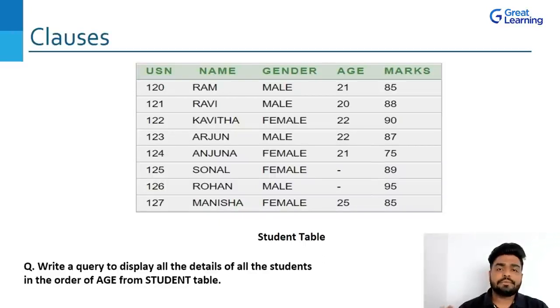Not like that. We have to give the result in age order, that means ascending order of the age. So first 20 should come, then 21, then 21, then 22, again 22, and then 25, something like that, right? So then we should use some of the clauses.